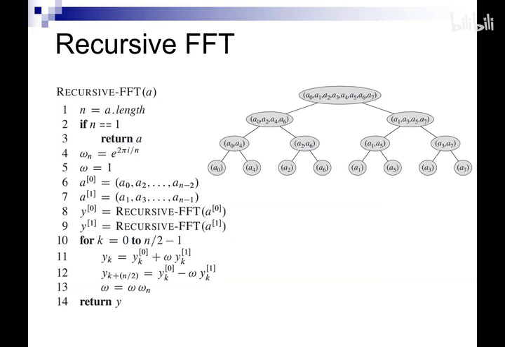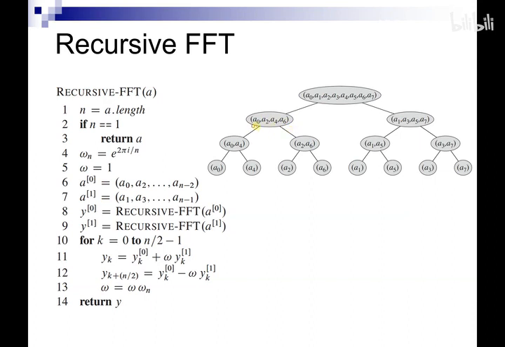And then the second level of recursion. Now, when you're computing A0 here, again you're going to break these coefficients. Now the input is these 4 coefficients, so you're going to break this into two 2-point FFTs. That's going to involve the even coefficients from this list and the odd coefficients.